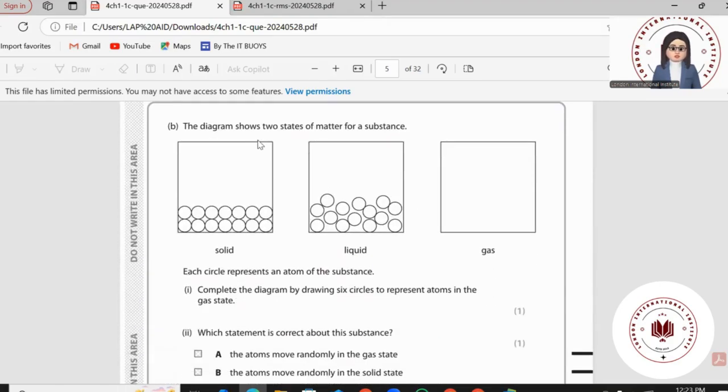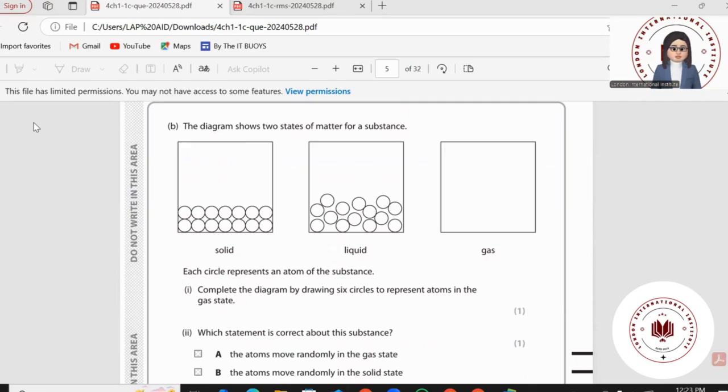The diagram shows two states of matter for a substance. Each circle represents an atom of a substance. Complete the diagram by drawing 6 circles to represent atoms in a gaseous state. So for this one, we need to put 6 circles. For gas, we know the particles are apart from each other. So I'll be using the shapes tool over here.